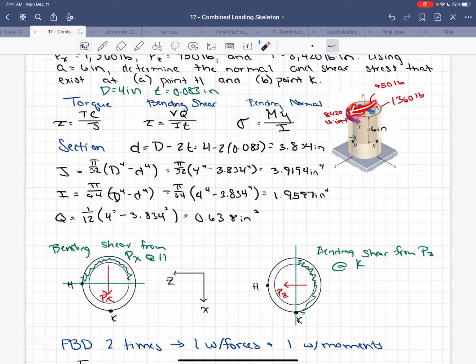This is going in the positive Z direction, which is the top face of this. The shear stress is going to make it go this way. So I think it's nice to draw right on there whenever you can to visualize it.